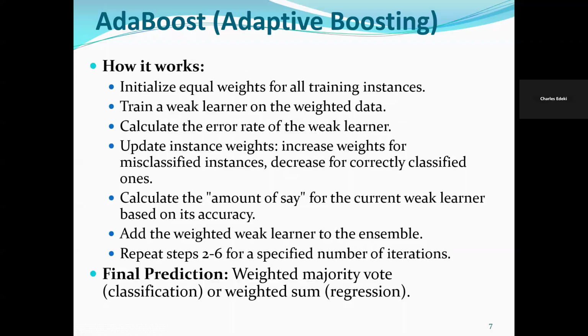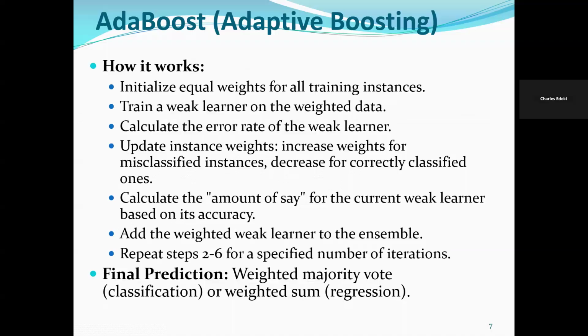Then next we have to, oh sorry, first of all, we need to update. So calculate, then update the instance weights, increasing the weight of misclassified ones. Then we calculate the amount of say for the current weak learner based on its accuracy.